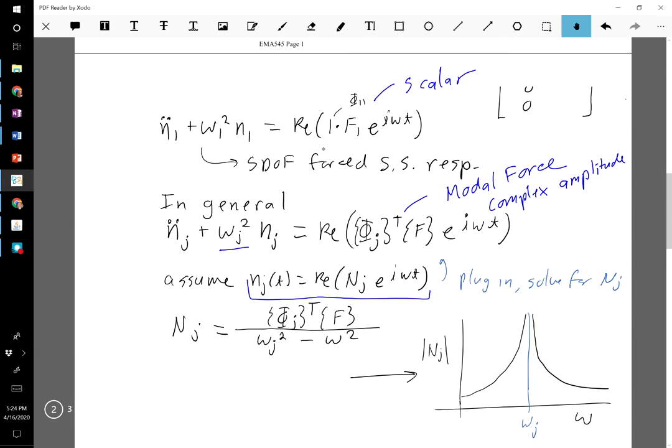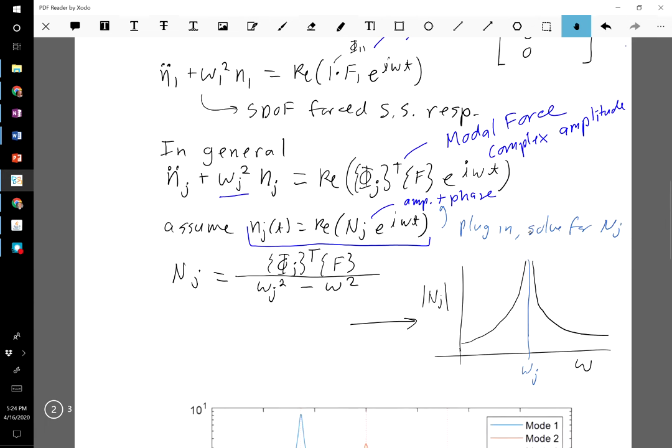Okay, so if we assume that each mode has a response that's some complex amplitude, and so again, we know that if the force is harmonic, the response will also be harmonic. The only thing that we're left to find is the amplitude and phase of the response. And so we plug in and we get an algebra problem that we can solve.